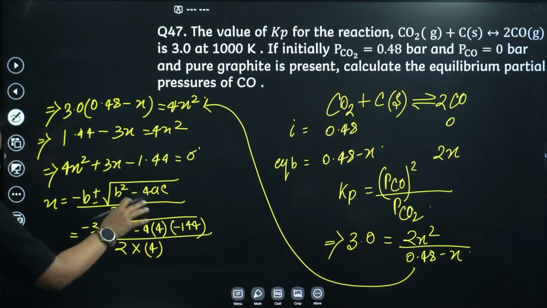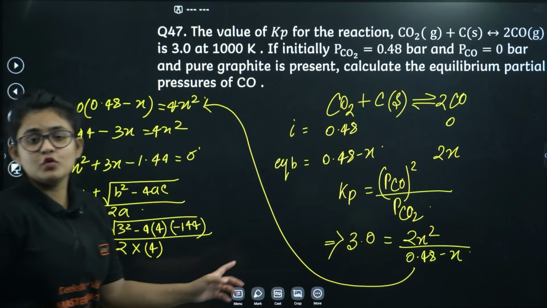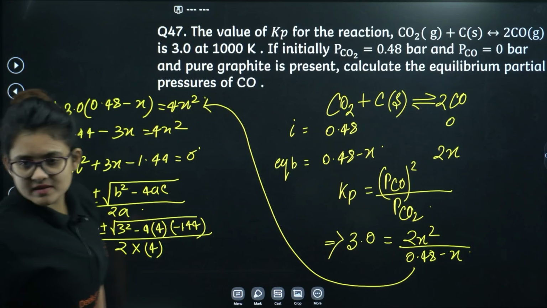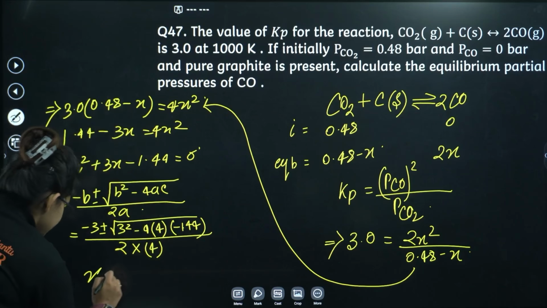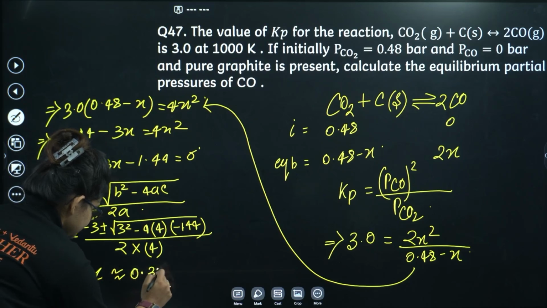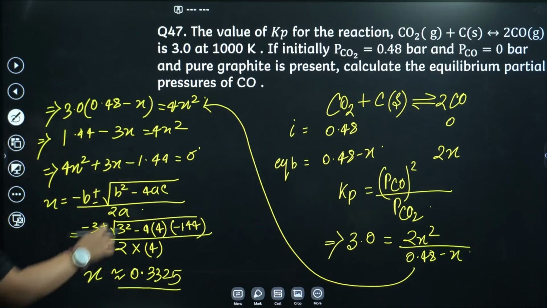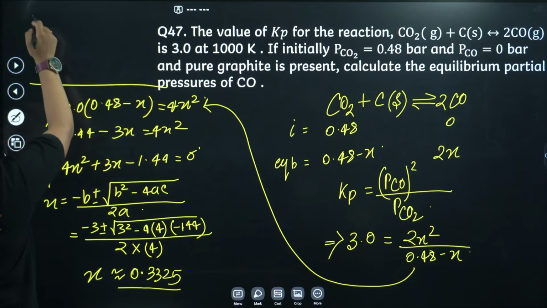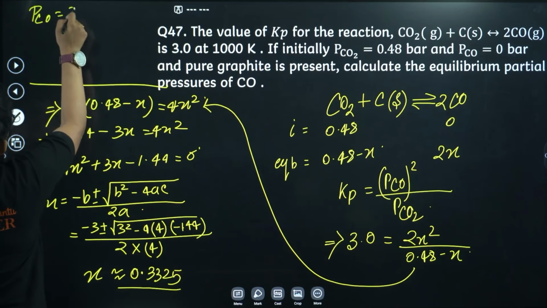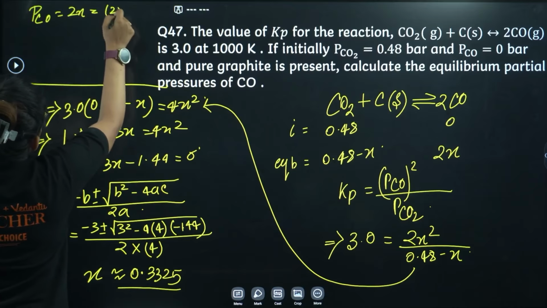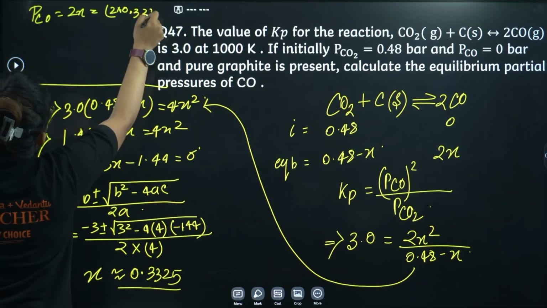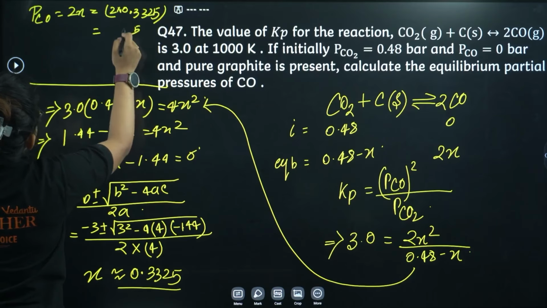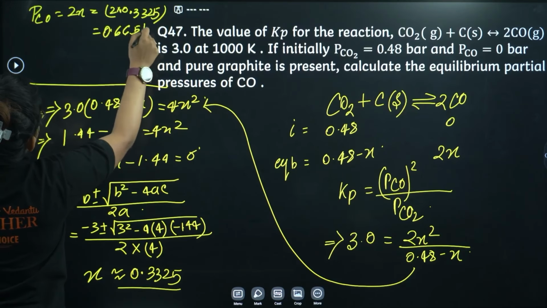If I calculate this and take the positive root, since x cannot be negative, you will end up with x equal to 0.3325. Now that you have x, you can calculate the pressure of CO, which is 2x, so 2 into 0.3325, that's 0.665 bar.